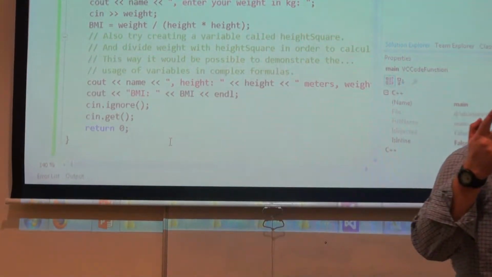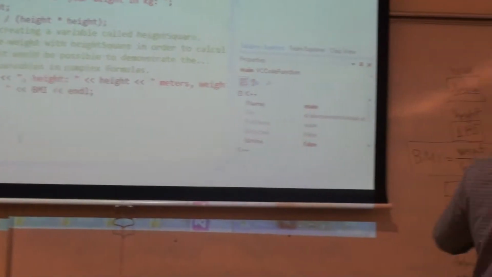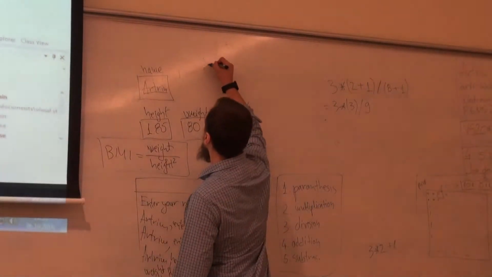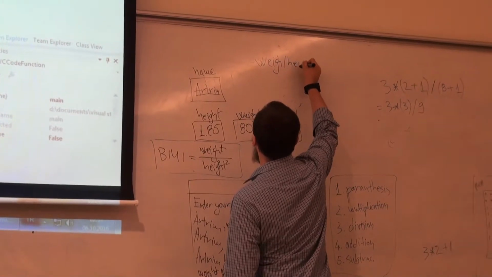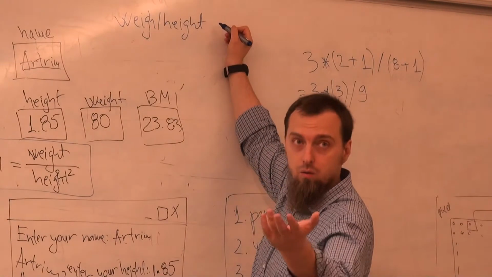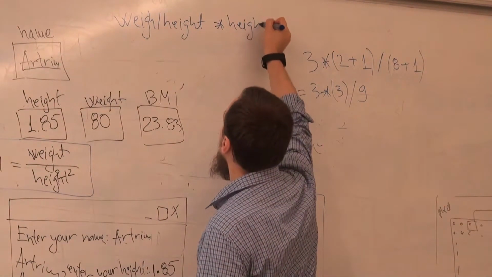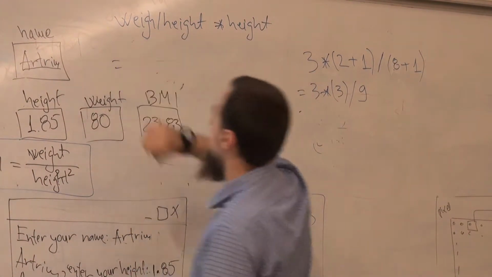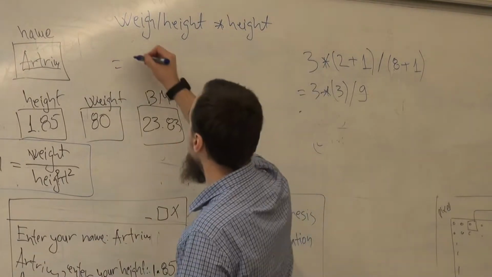Why? Because it will start from the left. And then it will divide weight by height. Weight and height are going to be divided, yes. This term is going to be multiplied with height. So basically, if you do something like this without parentheses, this is what you're going to calculate.